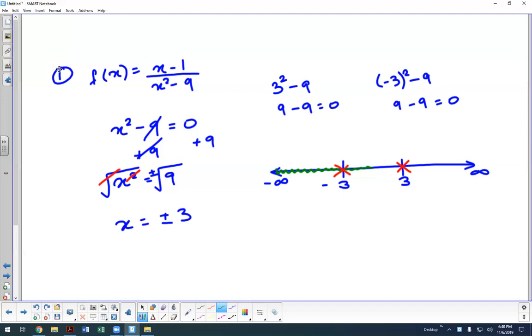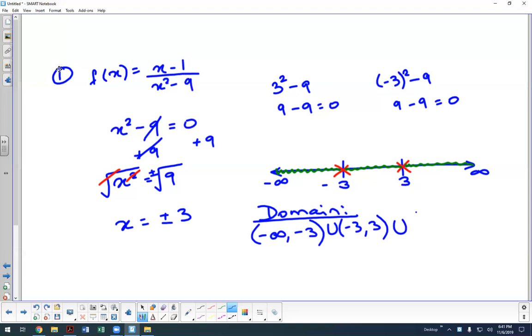I can use all numbers, of course, between -3 and +3, and anything after 3 to +∞. All of those numbers are okay, except obviously -3 and +3 themselves. So as mentioned, we go from -∞ to -3, parentheses, union, -3 to +3, union, +3 to infinity, all with parentheses.